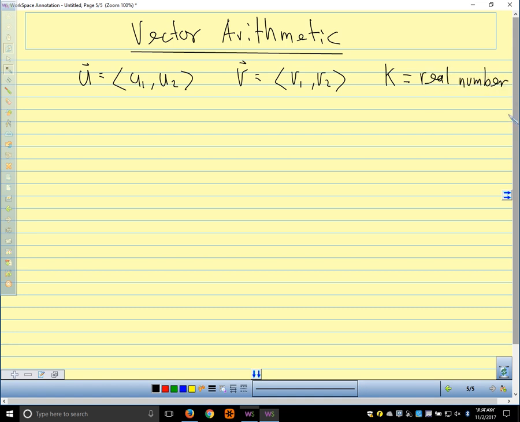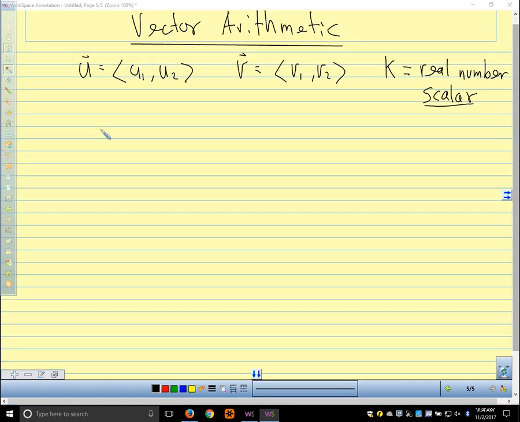When we're dealing with vectors, we call real numbers scalars. So we want to learn how these things interact with each other.